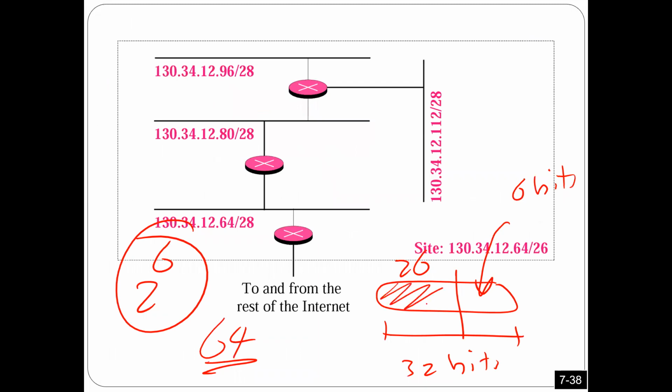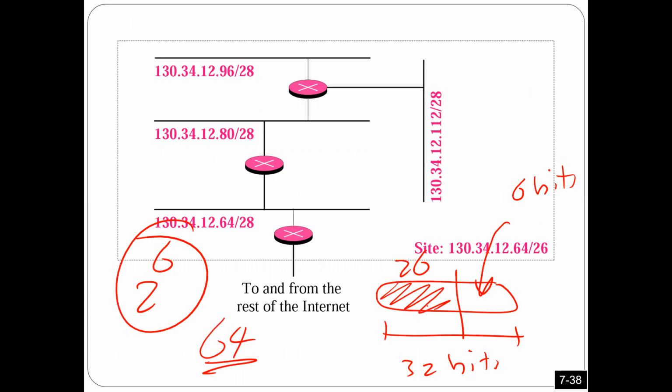What's going to happen here again? The 26 bits I shouldn't modify, so they should be common in all addresses. Now we have 6 bits, and out of the 6 bits I want to have 4 subnetworks. How many bits do I need for 4? I need 2 bits.